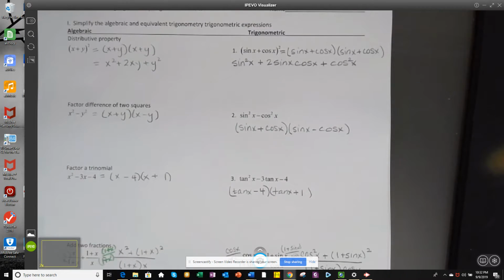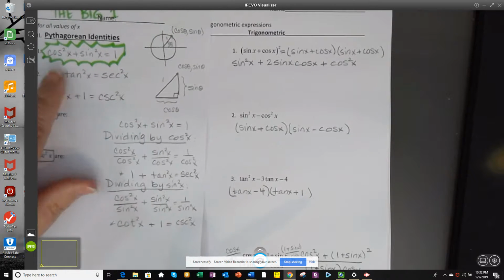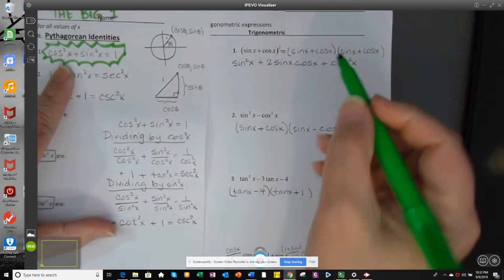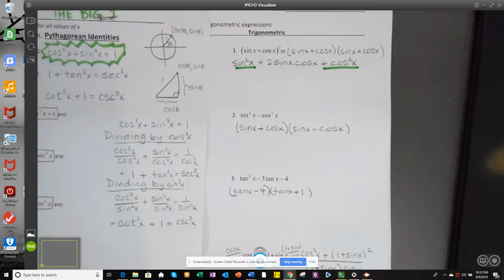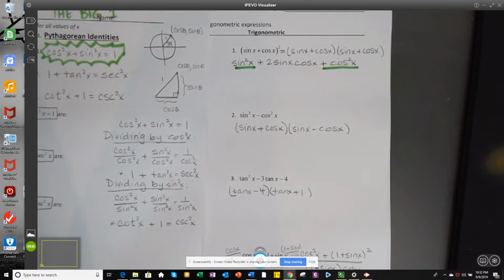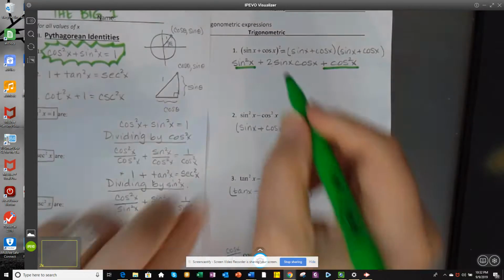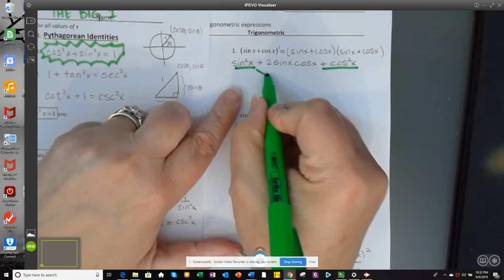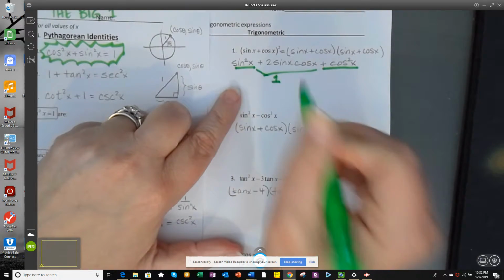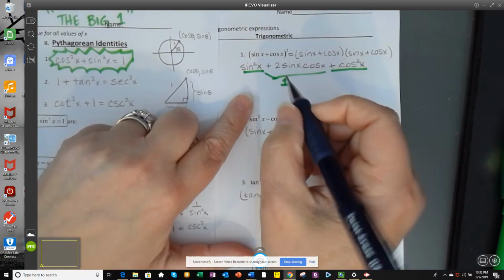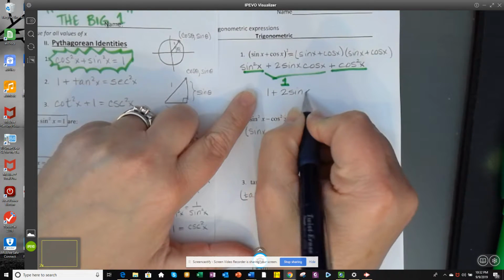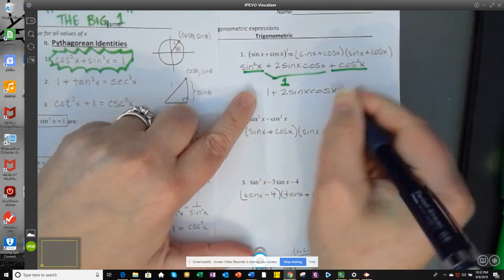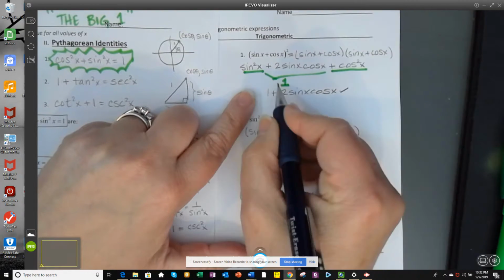Like we're looking for the big 1. Do you see that here? Well, you've got a cosine squared and a sine squared, and you're adding them together. So what does that equal? Well, this equals a 1. So we can say that this is equal to 1 plus 2 sine x cosine x. And this is a simpler expression than the one we started with.